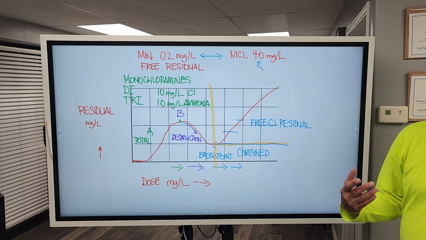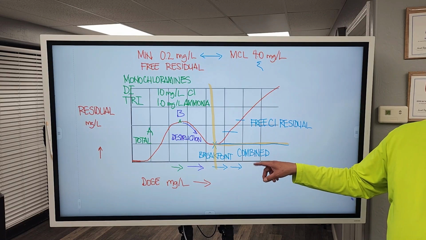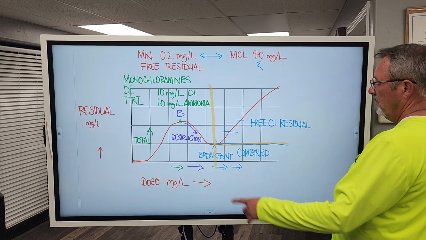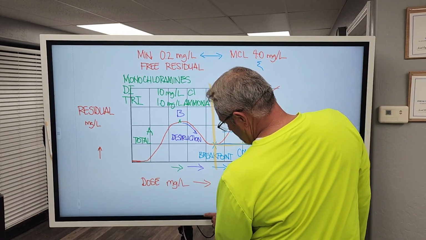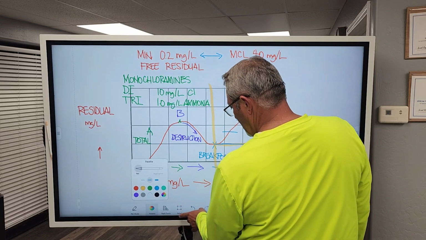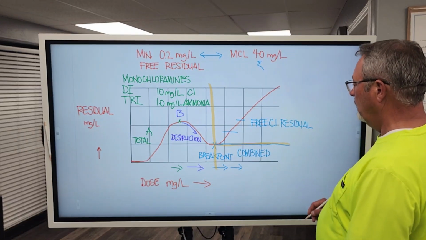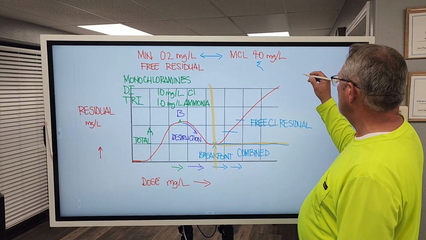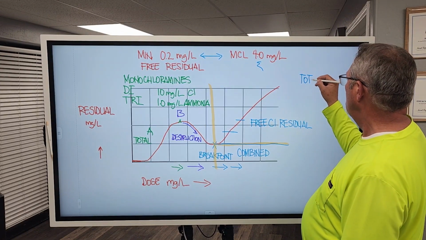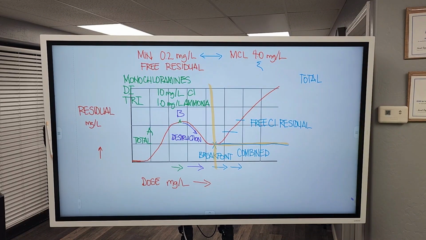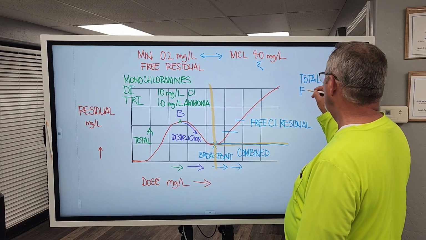Again, we don't have a test for combined residual that we do in the field. So what we do is we take a total, get back to this right here, that'll be the pen. So what we're going to do in this area is take a total chlorine residual, we're going to do a test for total, and we're going to test for free.